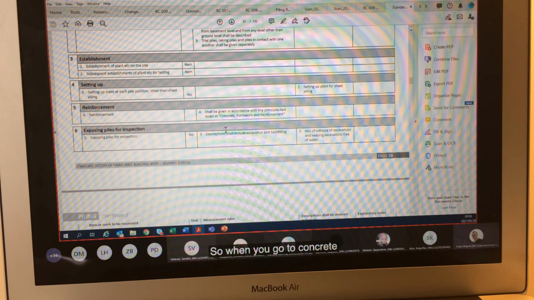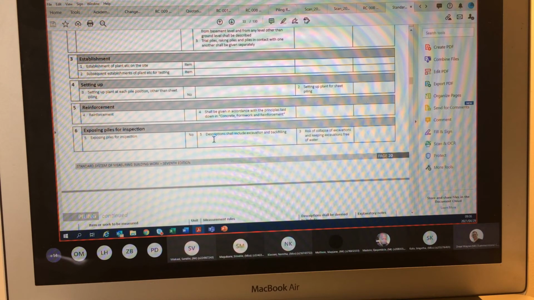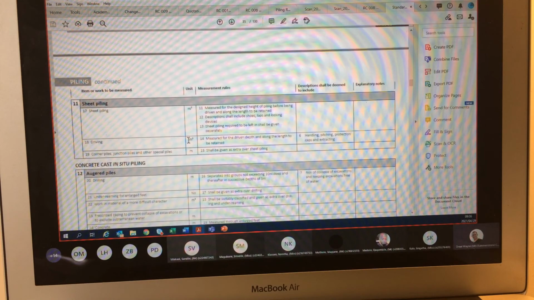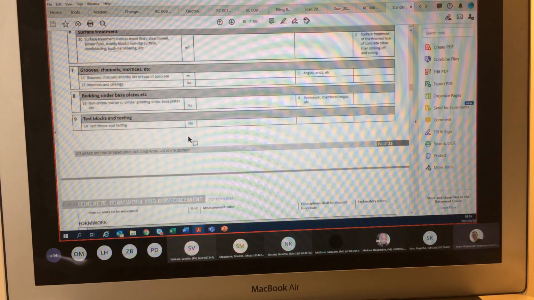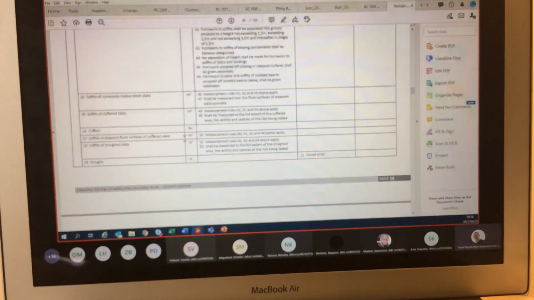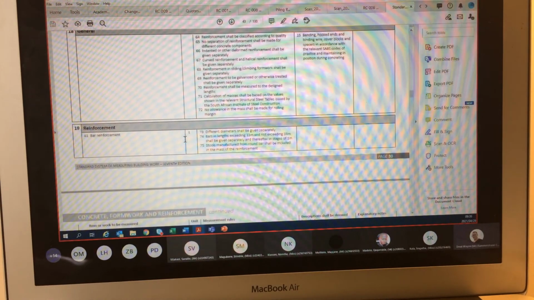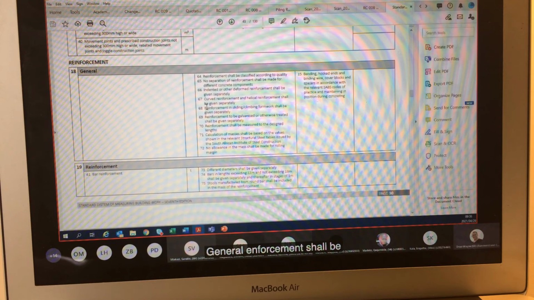So when we go to concrete formwork and reinforcement, and we look at the reinforcement, on page 30, under general, it says that reinforcement shall be classified according to the quality.